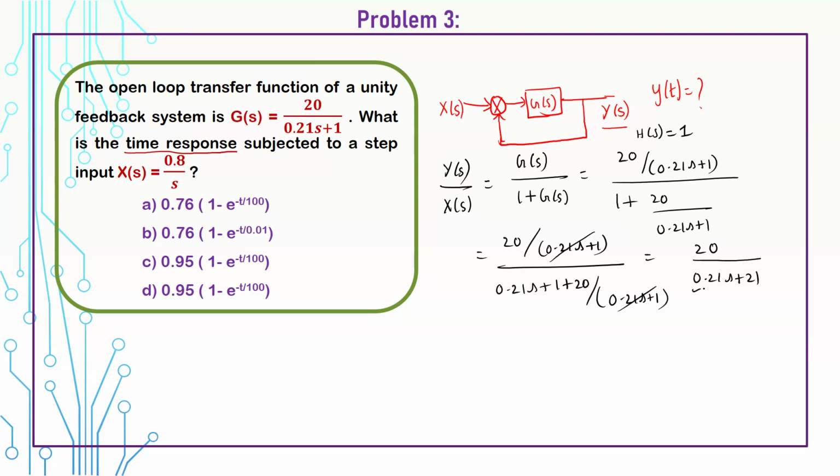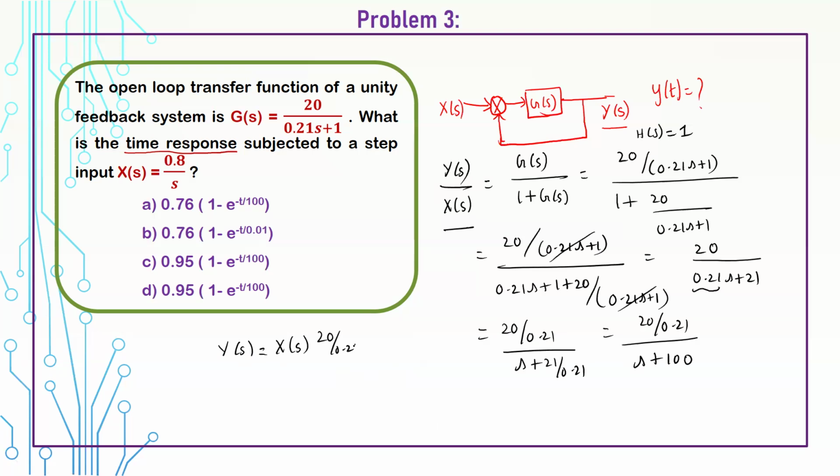By taking 0.21 outside, 20 by 0.21 by s plus 21 by 0.21, which is equal to 20 by 0.21 by s plus 100. Okay. So let me find Y(s) from this by substituting X(s). So Y(s) equal to X(s) into 20 by 0.21 by s plus 100.